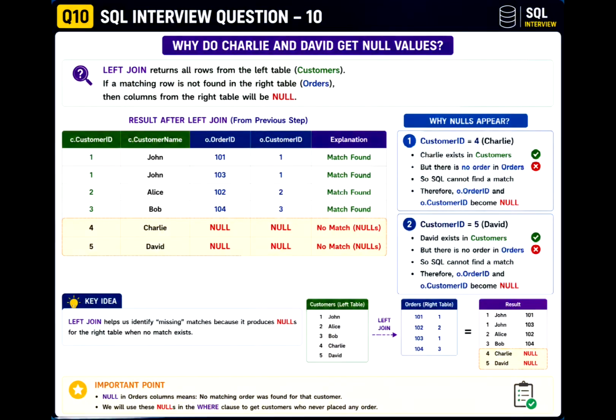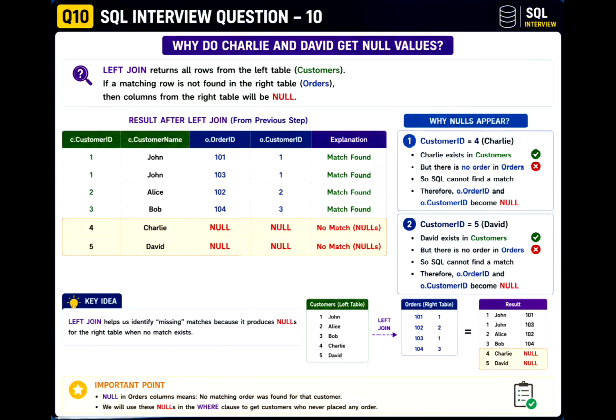After performing the left join, we notice that John, Alice and Bob have matching orders, but Charlie and David have null values in the order columns. So why does this happen? Let's understand step by step. For customer ID 4, customer name Charlie, SQL checks the orders table and searches for customer ID equal to 4.